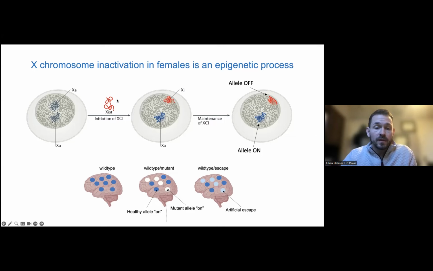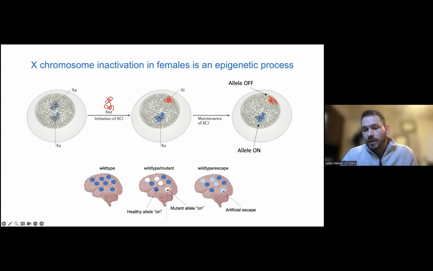Then, very early in development, a long non-coding RNA called XIST is transcribed from the to-be-inactivated X chromosome. The XIST long non-coding RNA then paints the inactive X chromosome. This creates what you can actually detect under a microscope to some degree, which is the Barr body. The Barr body contains the allele that is silenced, the allele being the copy of the gene from either the mom or the dad, while the other copy is on the active X chromosome.